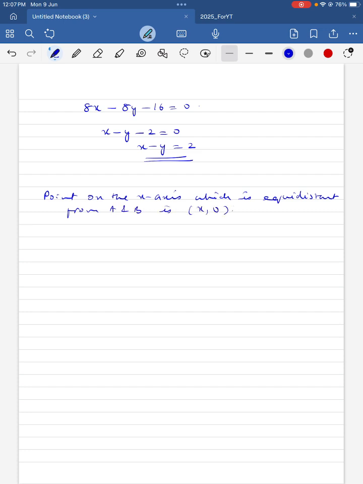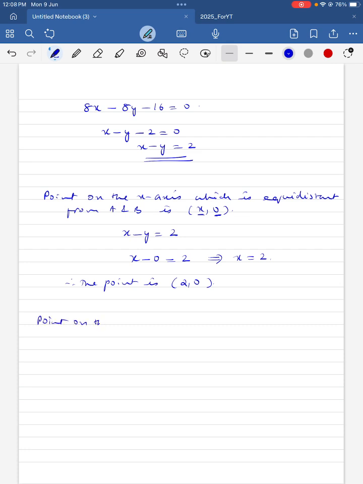We also know this relation x minus y equal to 2. So in this, let me substitute the value of y as 0 and the value of x remains as x. So x minus 0 equal to 2, which gives me x is equal to 2. Therefore, the point is 2 comma 0. Now let's find the point on the y-axis.